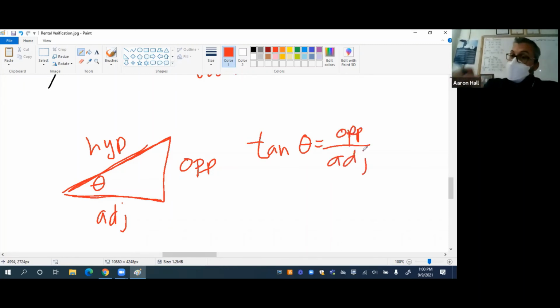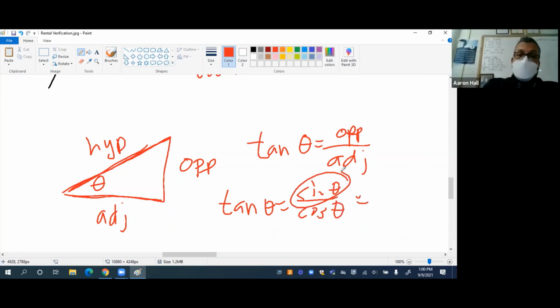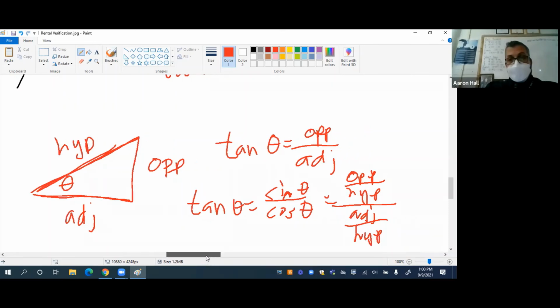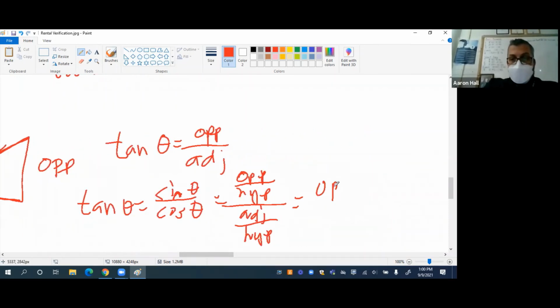Now the claim we're making is that tangent of theta equals sine of theta over cosine of theta. What is sine of theta? Opposite over hypotenuse. What is cosine? Adjacent over hypotenuse. When we divide fractions, here's a tip: we keep opposite over hypotenuse, we change from divide to multiply, and we flip.